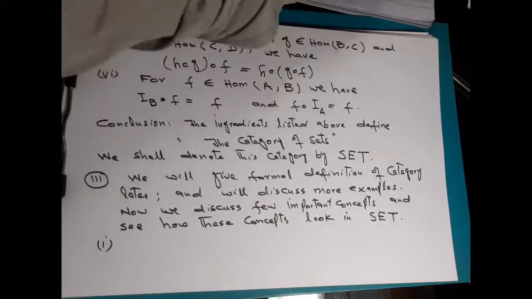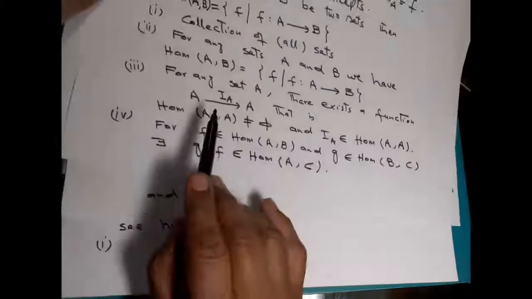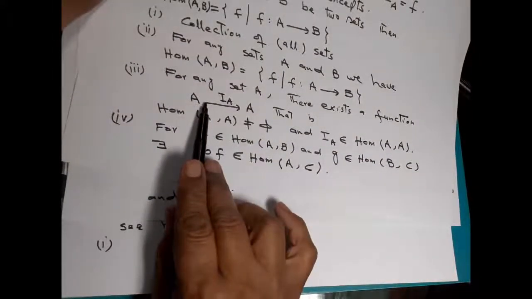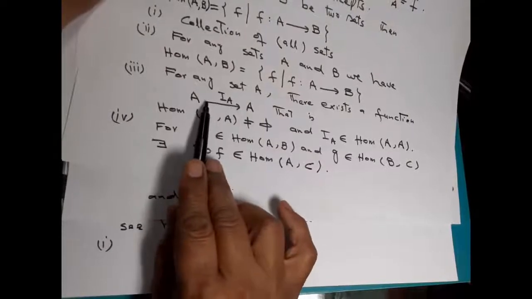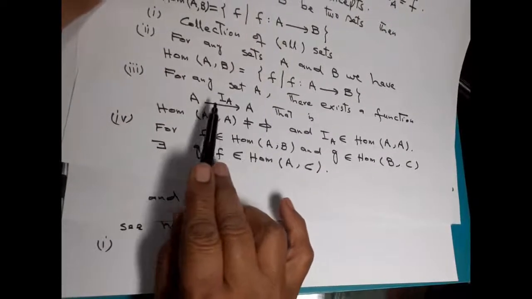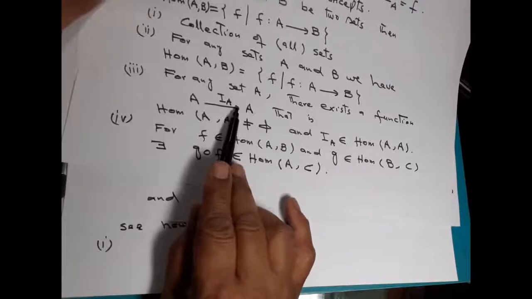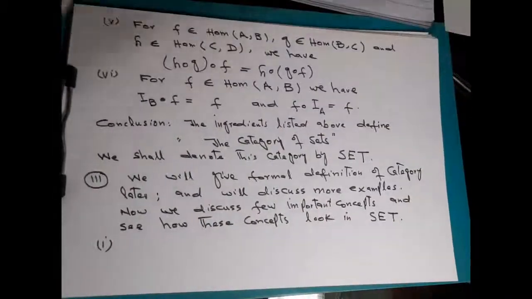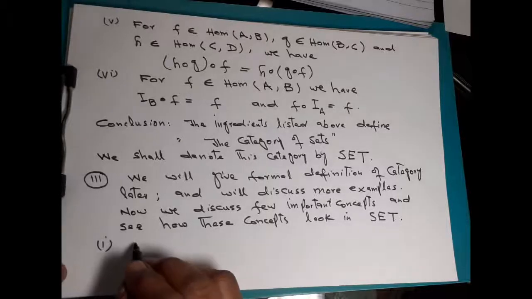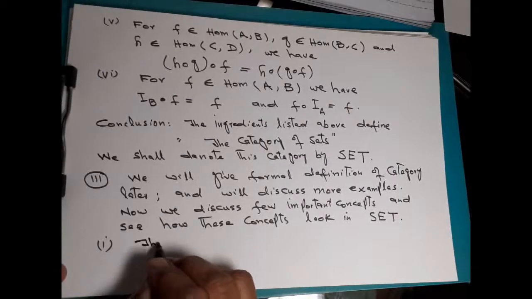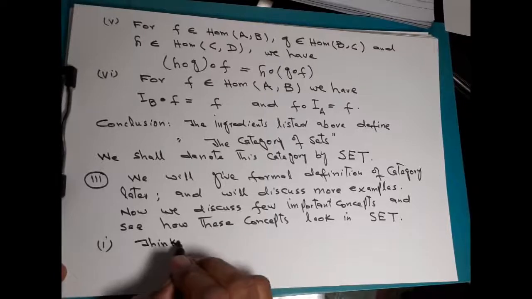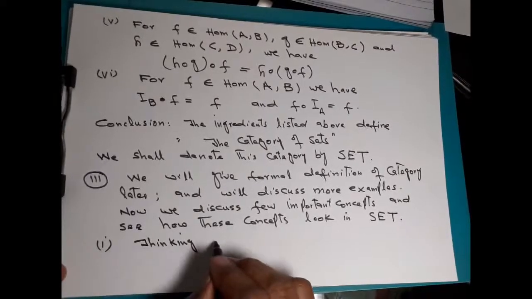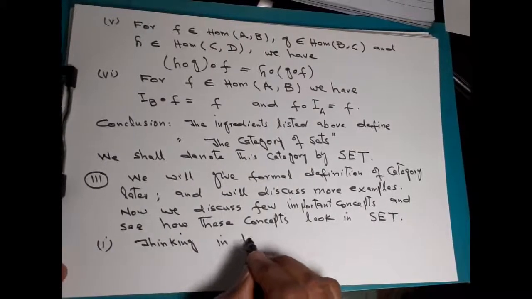Let me tell you what we mean by arrow. This is an arrow. This identity function from set A to A is represented by this particular arrow. This is again an arrow. So what we are going to do is we are going to learn thinking in terms of arrows.